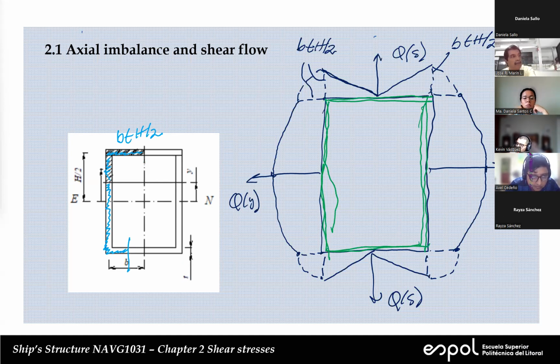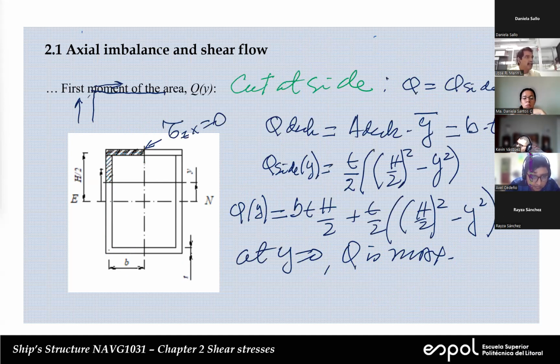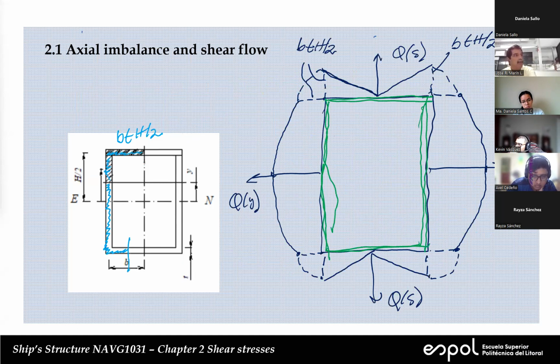Let me go back. So in this case, we are talking about this expression. So this part here. In this case, this Y, I'm evaluating in this point here, is going to be minus H over 2, but it is squared. So all this term will be 0. Okay. So from the side, if we evaluate Q at minus H over 2, it's going to be 0.